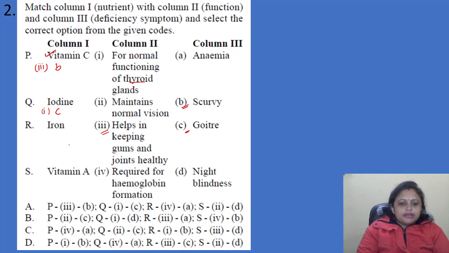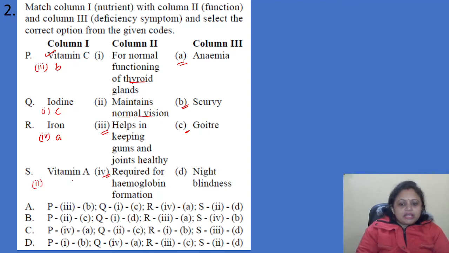Next, coming to iron. Iron is required for hemoglobin formation. So I can write here 4. And in the deficiency of iron, what happens? Anemia occurs. So here I can write A. Coming to the last one, vitamin A maintains normal vision. So we can write here 2.